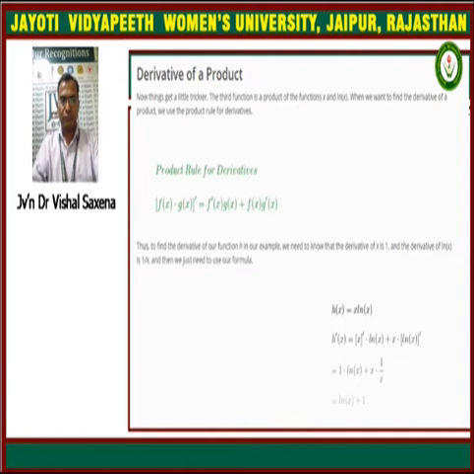Now next is the product formula, the derivative of a product, which is also known as the product formula. It can be understood like this: if there are two functions f(x) and g(x) in multiplication and we have to find the derivative, then it will be equal to the derivative of the first function, f'(x), into the second function as it is, plus the first function as it is into the derivative of the second function.